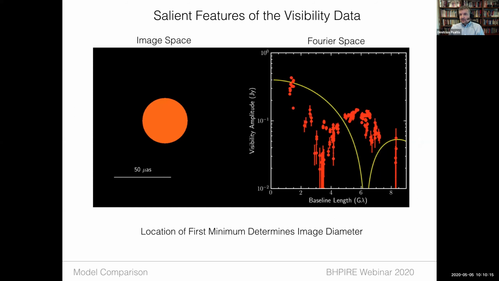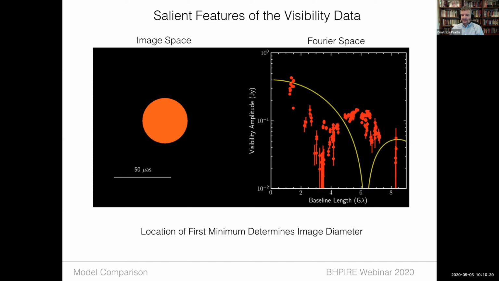And why is that going to be fruitful? This is a very quick demonstration of how the data in Fourier space have a number of characteristic features, we call them the salient features, that effectively determine most of the properties, most of the characteristics of the image. To give you an example, the right-hand side here is the exact same data points that I showed you before, the M87 observations of 2017.